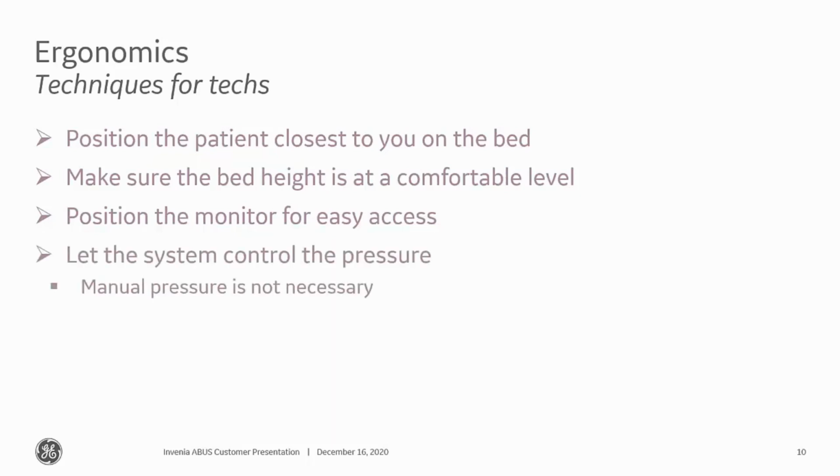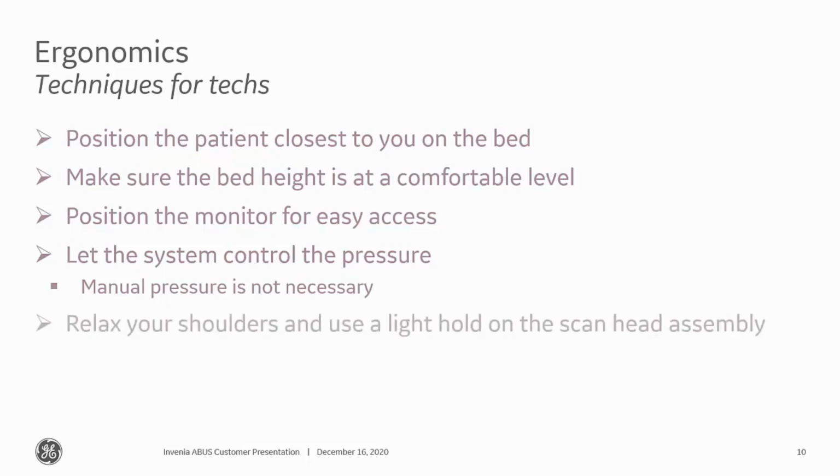Let the system control the pressure. Manual pressure isn't necessary, and that's kind of the whole principle behind ABUS. We don't want to use the manual pressure because then that reproducibility factor is taken away. So let the system do its thing. And as far as that goes, we have 4 pressures on the system.